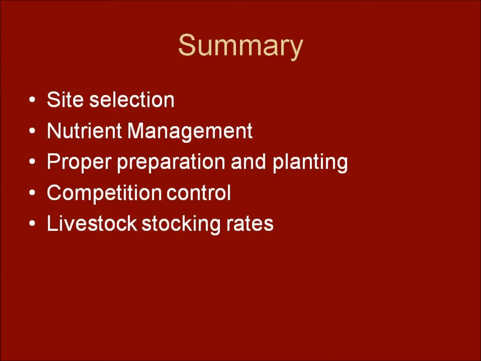If we're establishing, we also need to take into consideration proper seedbed preparation and planting. Again, competition control is crucial with Bermuda grasses, so we need to take that into consideration, and also our livestock stocking rates. We don't want to put out more animals than we have grass for. So these are the things that we need to be very aware of.